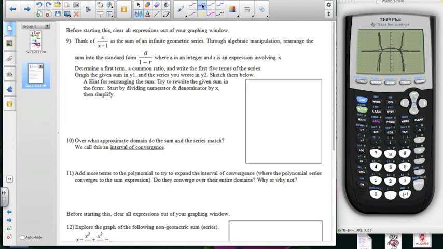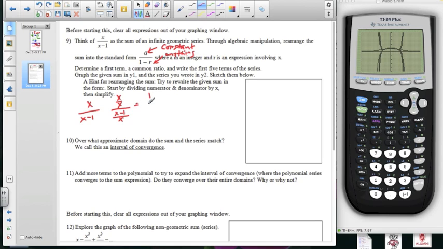So if we remember what we know about the sum, this has to be a constant. And then this ratio really can be just about anything. And that's going to be a function of x, and we have to have the minus sign here. So if we start out with x over x minus 1, and to get this to be a constant, we can divide the top by x, and we can divide the bottom by x.